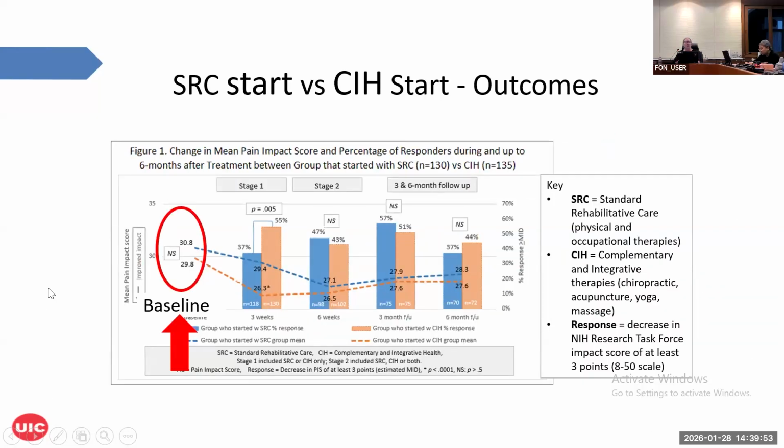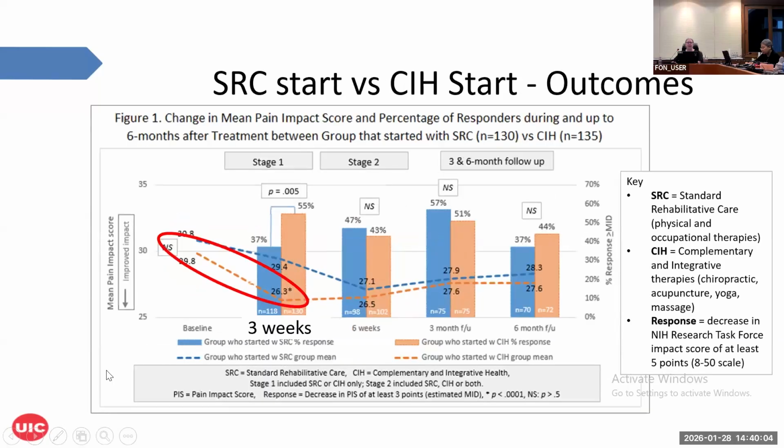Okay, first of all, baseline. There was no significant difference. Yay! That's exactly what we wanted to see. Then what we want to do is take a look at, okay, who improved?